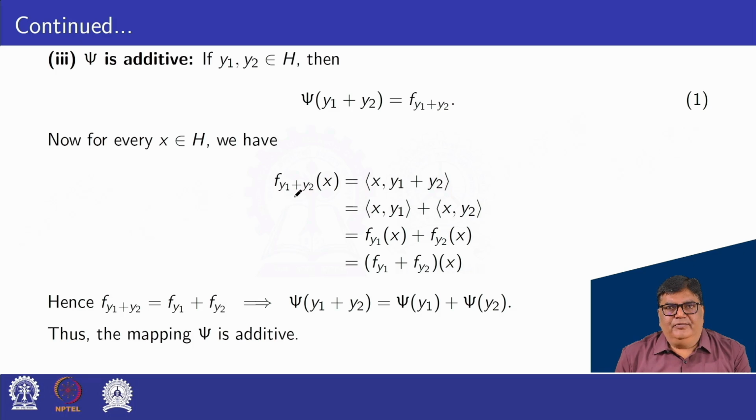Hence, F of y1 plus y2 is equal to Fy1 plus Fy2. That is, psi of y1 plus y2 is equal to psi y1 plus psi y2. That is, the mapping psi is additive.